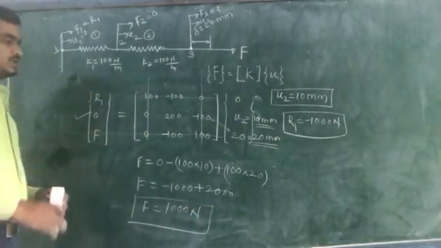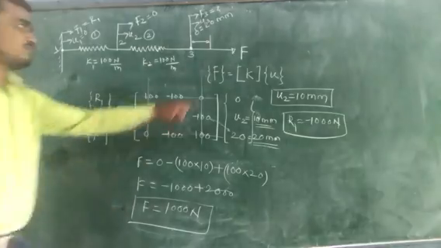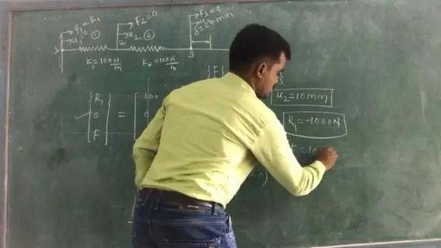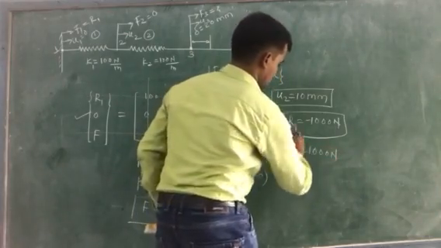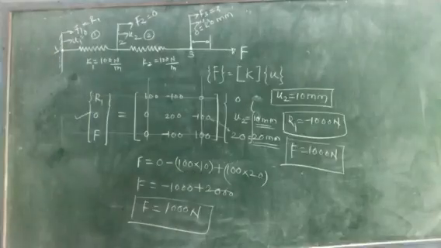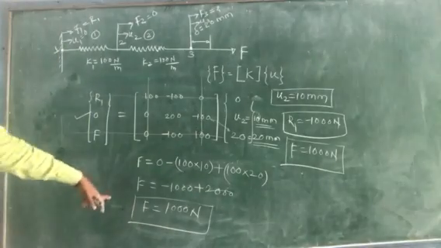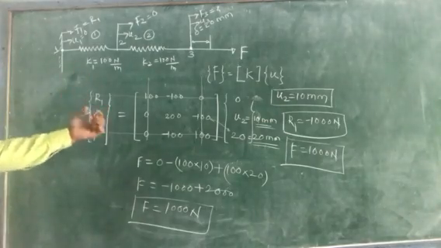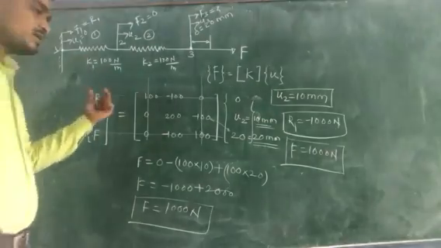So in this way you will get the value of F equal to 1000. Okay, so in this way you can find out the value of F. Now cross check whether these values are correct or incorrect.